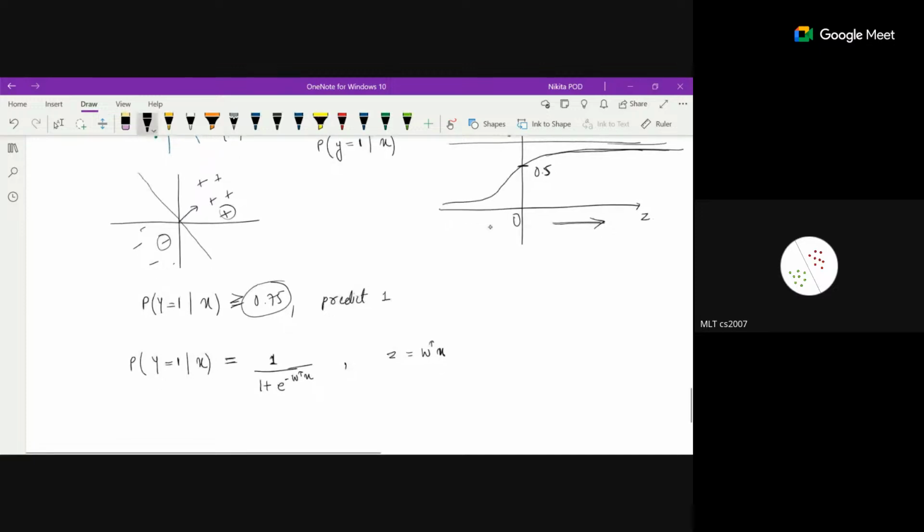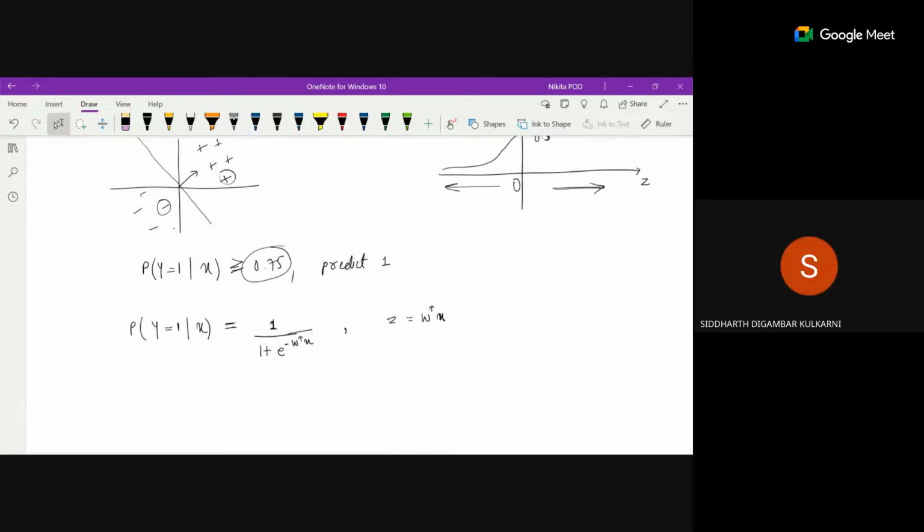And as your z goes to minus infinity, you are going towards 0, right? And the probability that y equal to 0 given x will be 1 minus this value. So the probability that y is equal to 0 given x is 1 minus 1 upon 1 plus e to the power minus w transpose x. That's all.